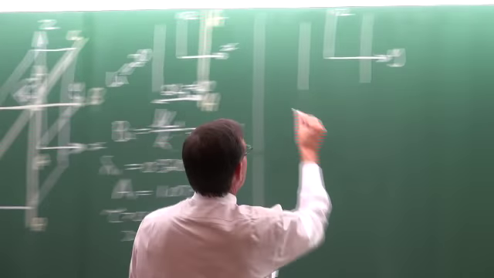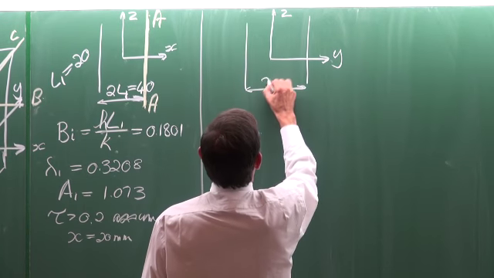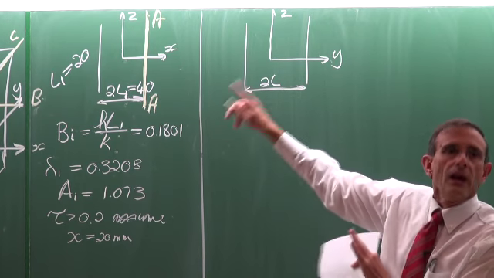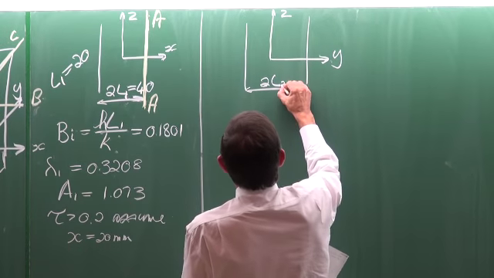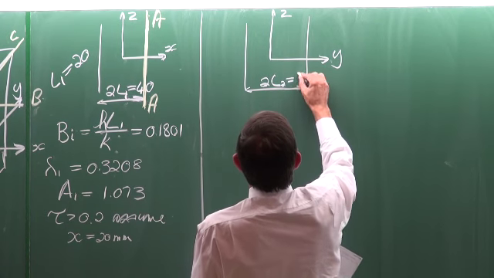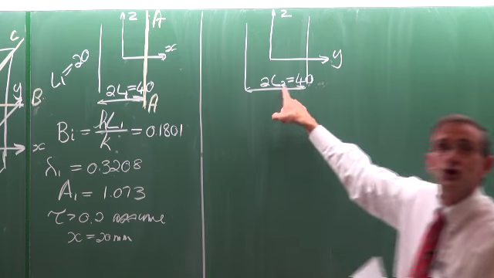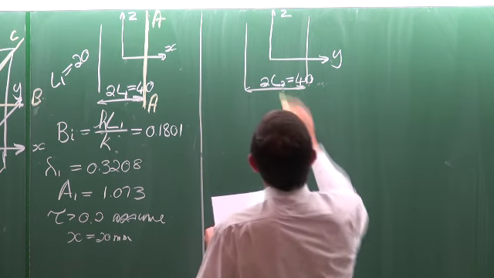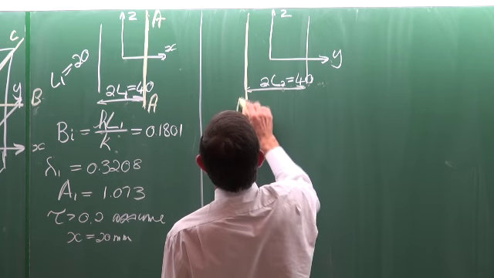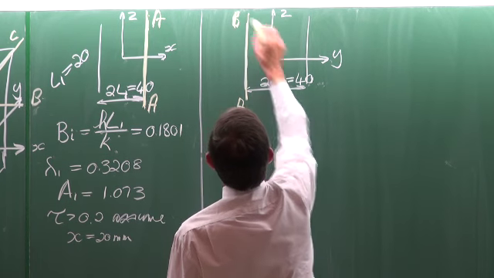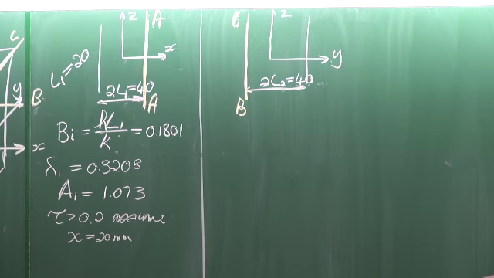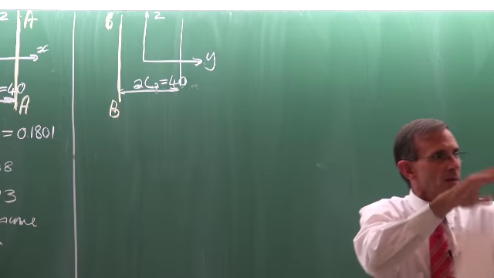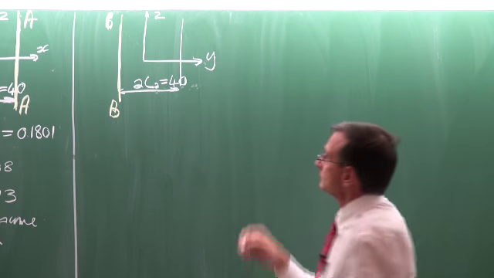Again, that distance is equal to 2L, but because I've got an L and an L and an L, I'm going to give it the nomenclature of L2. It's 40 millimeters. And now we need the solution along that line there, B. Obviously you can do it the other way around also. You can go to that side. At the end you must just get to one of the corners.